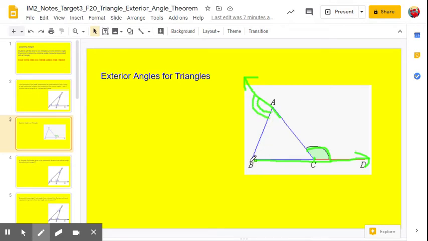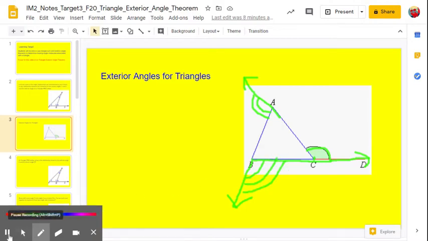And then I can use vertex B, but I can't use segment BC because I can't have 2 extensions from one segment. So we're going to extend segment AB this way. So there is our exterior angle. That is how we get exterior angles.